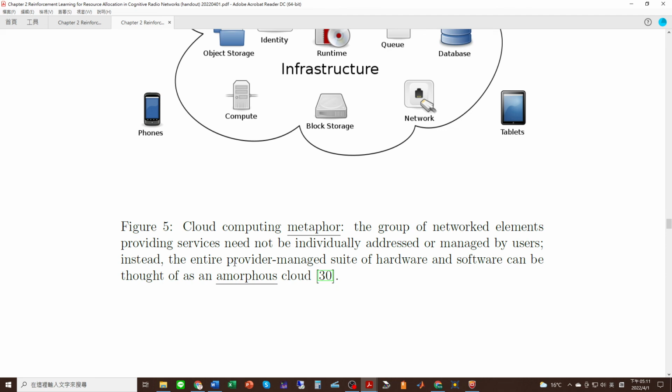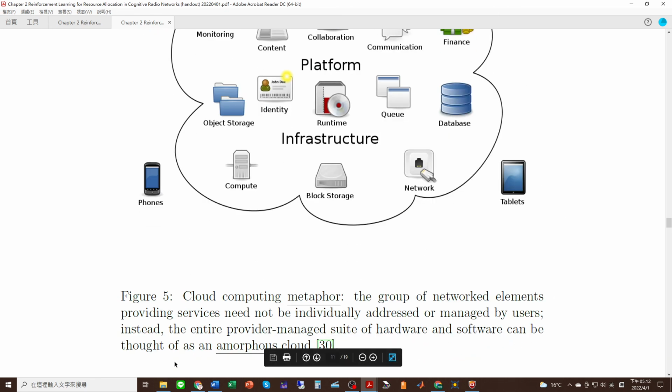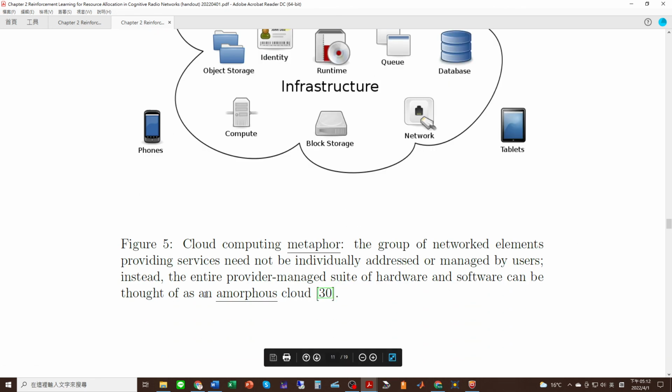Instead, the entire provider-managed suite of hardware and software, so this is this cloud, can be thought of as an amorphous cloud.